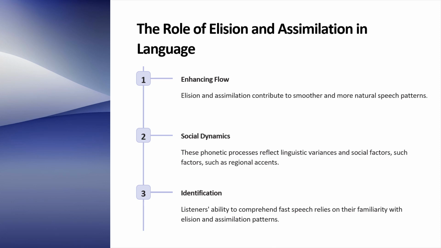We cannot follow the accent of those people. It is because of these kinds of elision and assimilation. So we should know the cases of elision and assimilation in English, then only we can follow native speech. These are the roles and the significance of elision and assimilation in a language.